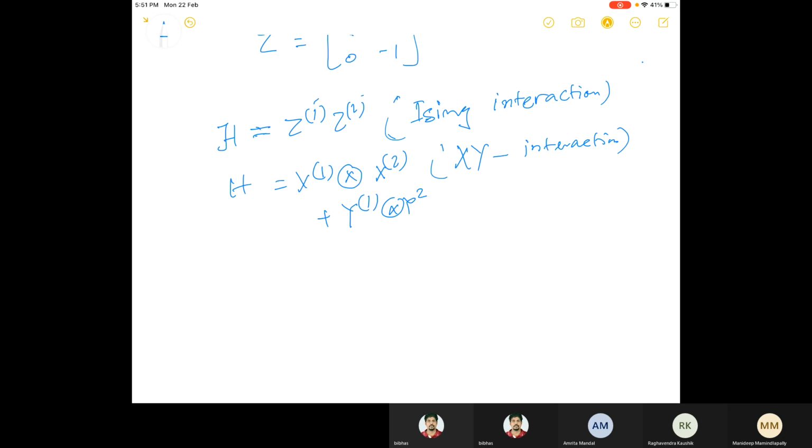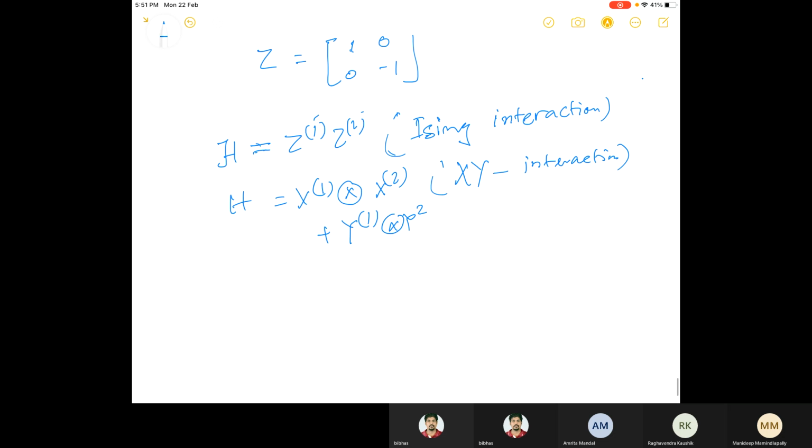Because it is an interaction between two qubits, it is like C square tensor C square to C square tensor C square. When I write 1 in this parenthesis, it means this operator like sigma z is acting on the first one. If it is 2, then it is acting on the second one, and so on. So X1 means the x operator acting on the first qubit.